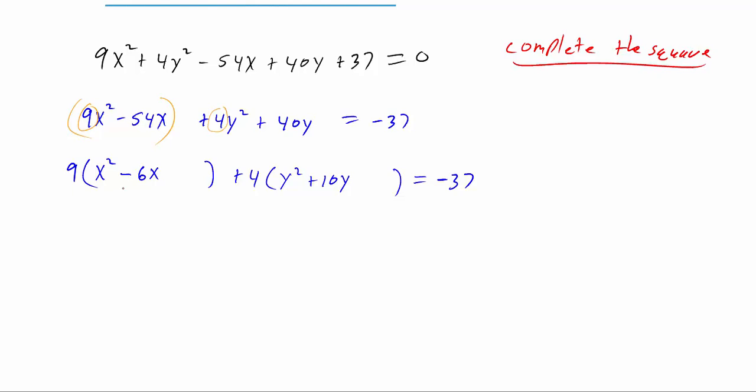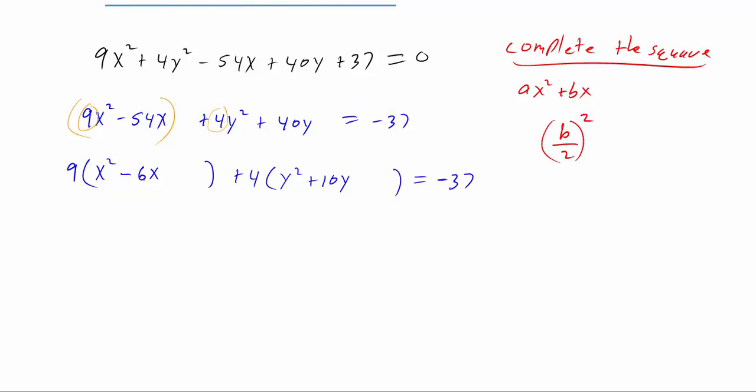So now when it comes to completing the square, we have the negative 6, and remember, if we think of this as ax squared plus bx, to complete the square we want to take half of our b value, which is the coefficient of the x, and then square that number.